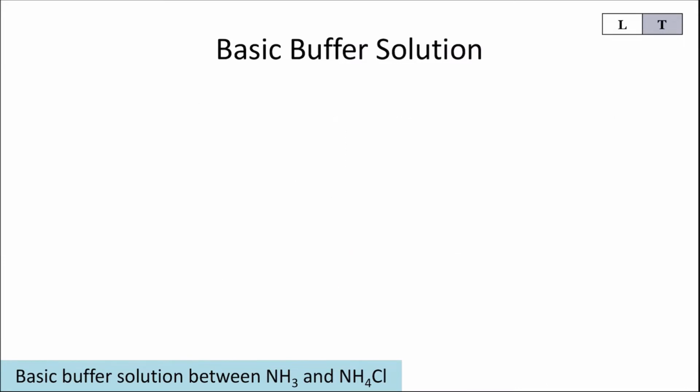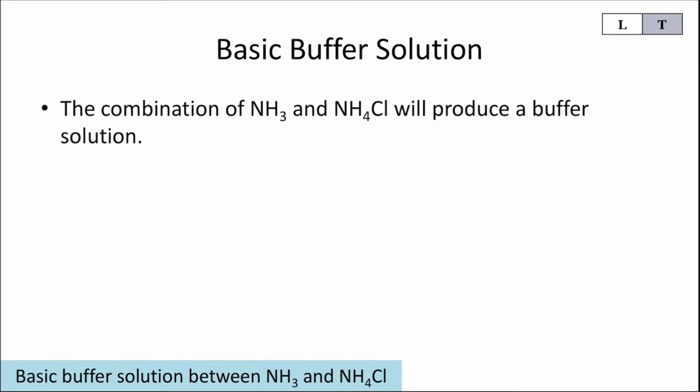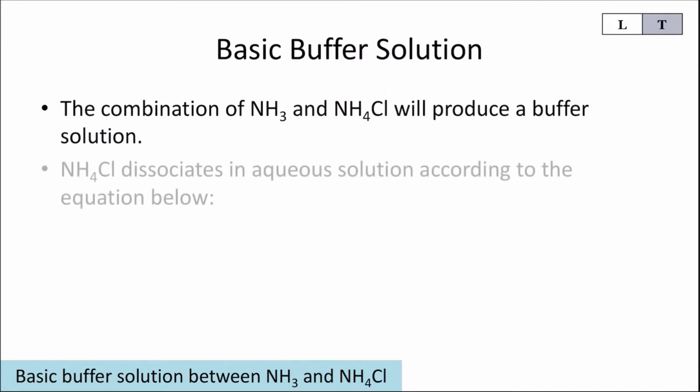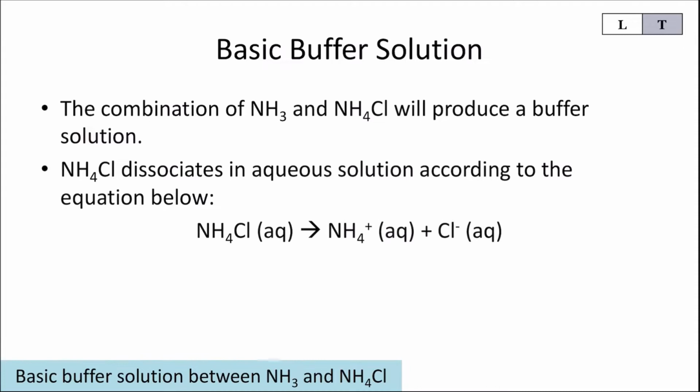And then combination ammonia with ammonium chloride will produce a buffer solution. NH4Cl, salt kita, dia akan dissociate in aqueous solution according to this equation. So when salt dissociated, dia adalah complete dissociation. Sebab tu arrow dia one direction, dia hasilkan positive ion dan negative ion.